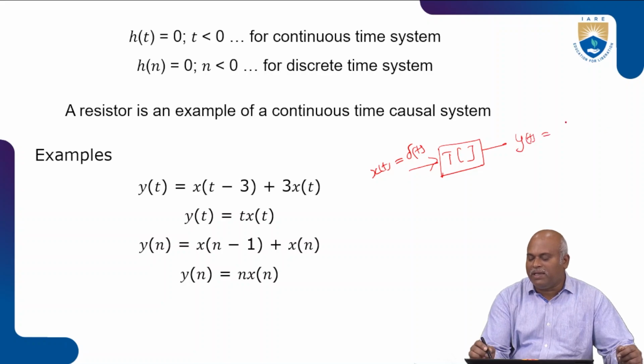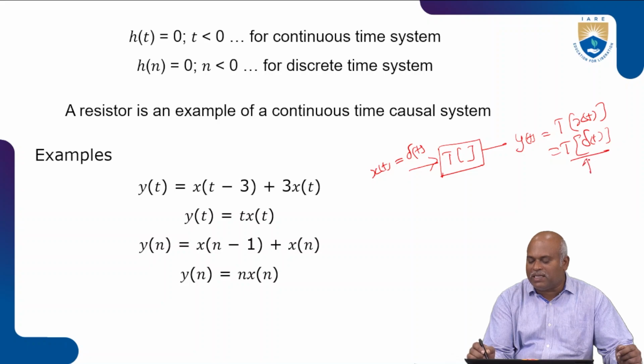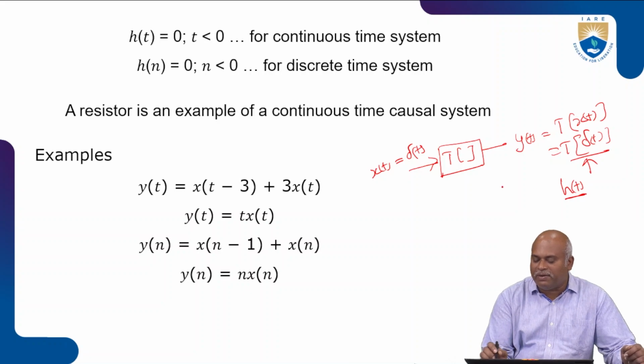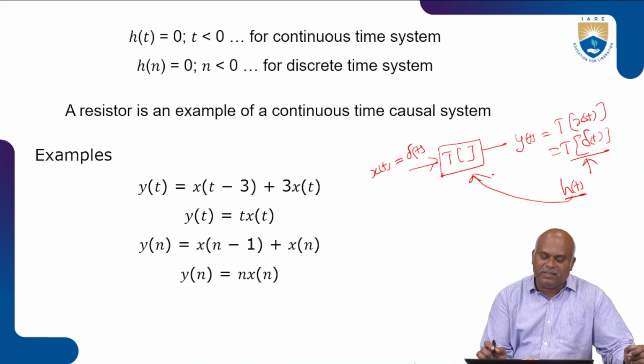This y of t is T of x of t. Where the t value is present, that is delta of t, we can substitute. So this is T of delta of t, which we call h of t. This h of t is the system performance, called the system response.